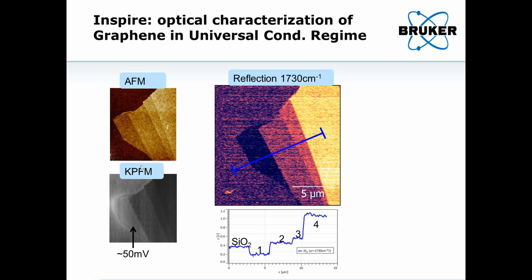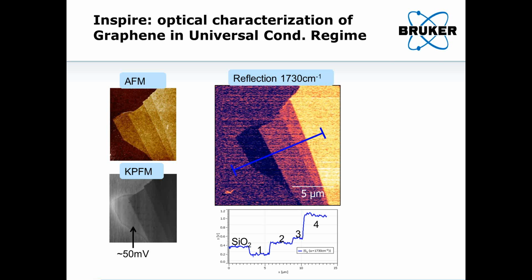We also obtained some KPFM data. The KPFM data of this region can be used to estimate the work function, which can be used to estimate the Fermi energy. And as I showed on the previous slide, the Fermi energy would allow us to know whether we are in the universal conductivity regime or not.